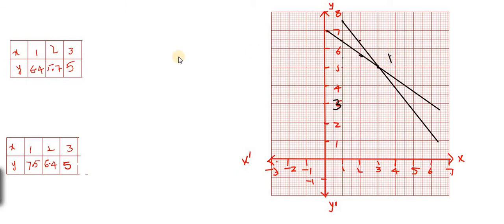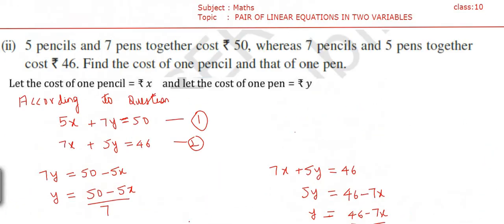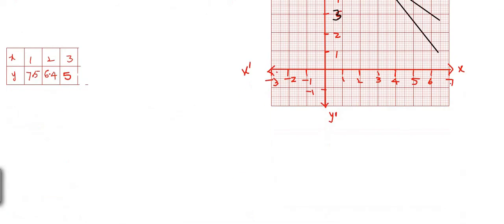So therefore our x value is, so here x is equal to 3, then y is equal to 5. So therefore the cost of pencil, x is pencil, right? The cost of pencil is 3 rupees and the cost of pen is 5 rupees.